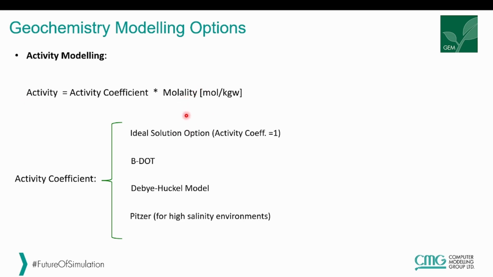But for real solution cases, we normally adopt other activity modeling tools like the B-dot model, which is the default in GEM, the Debye-Hückel model, and more recently, GEM added the Pitzer model, which is suitable for high salinity environments.